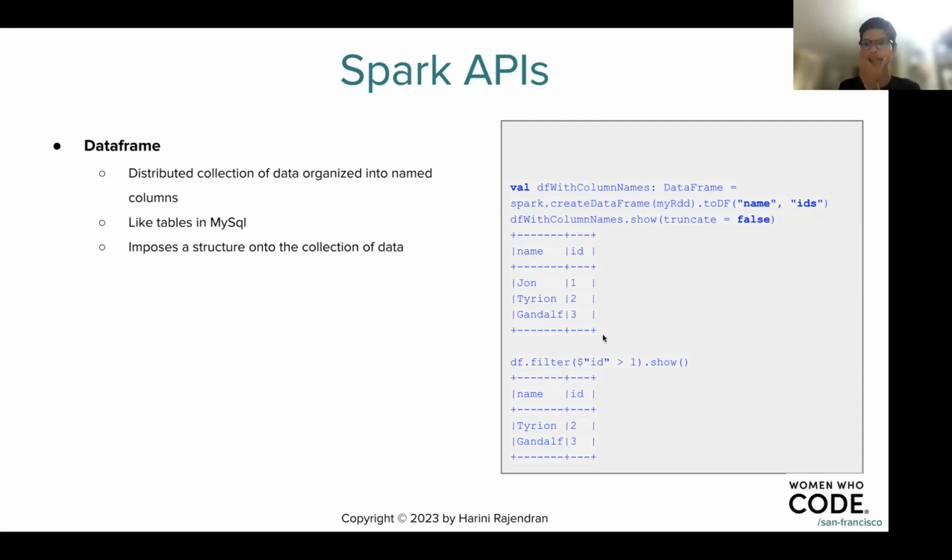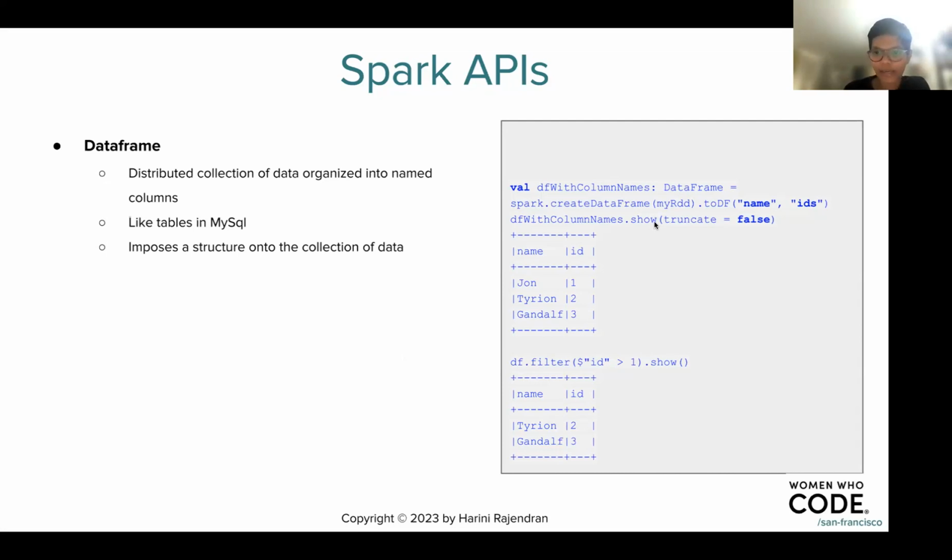Whereas data frames are like an actual table. So you are saying this particular data frame has two columns, the name column and the ID column. So it gives that structure, and now you can do all transformations using those column names. This is more structured than RDDs, and that's why this is the one that's more commonly used.